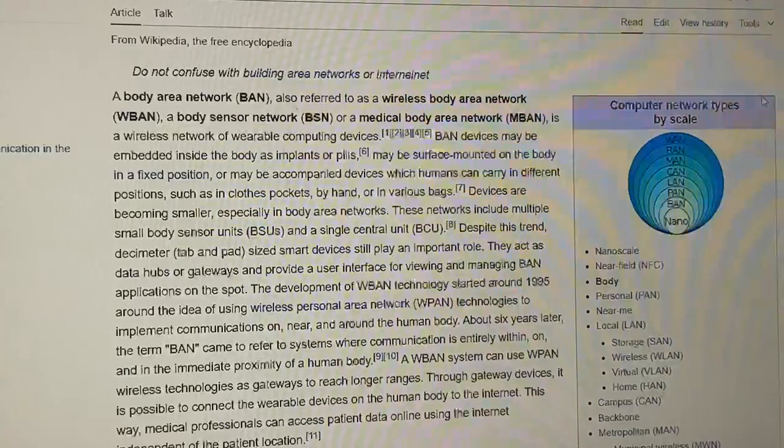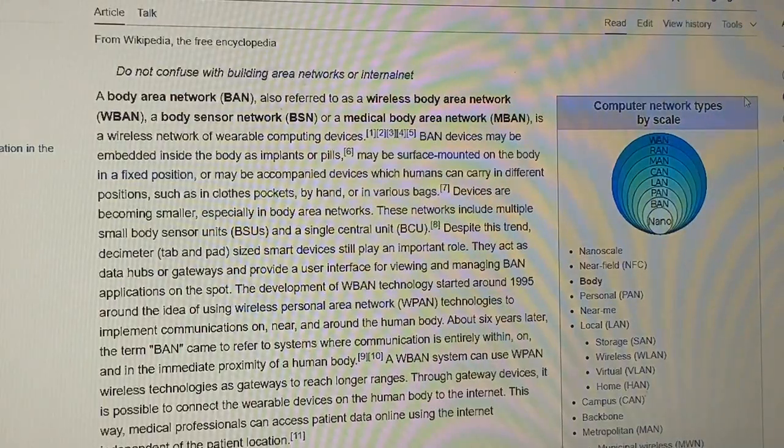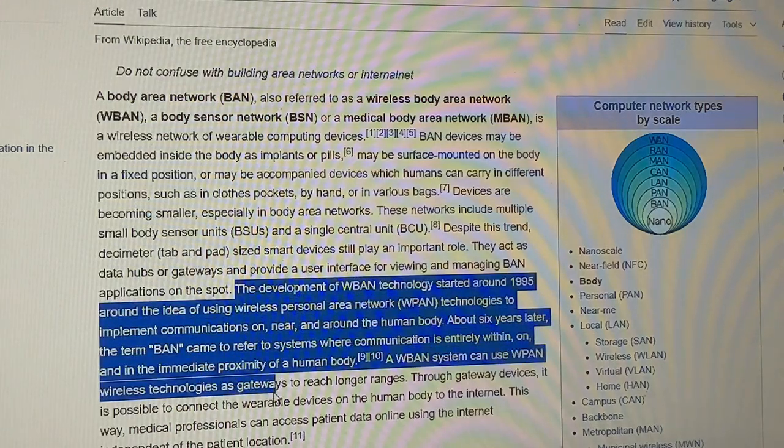You're going to find out that personal area network, the development of that wireless body area network technology started around 1995, around the idea of using a wireless personal area network to implement communications on, near, and around the human body.